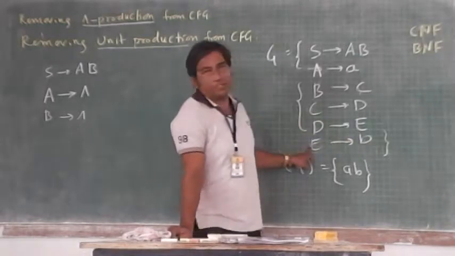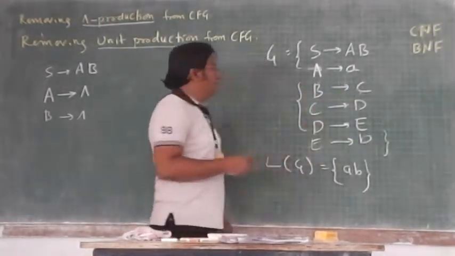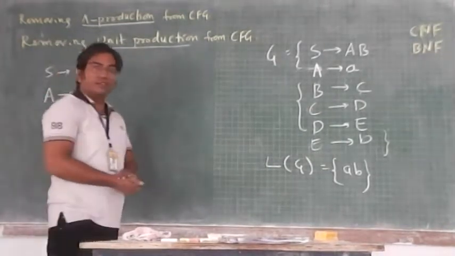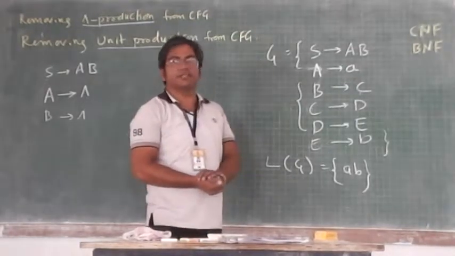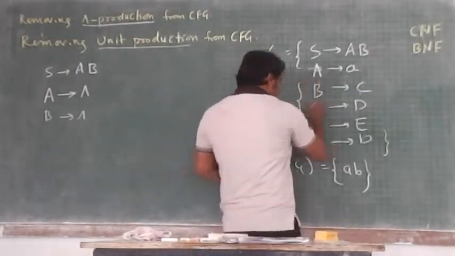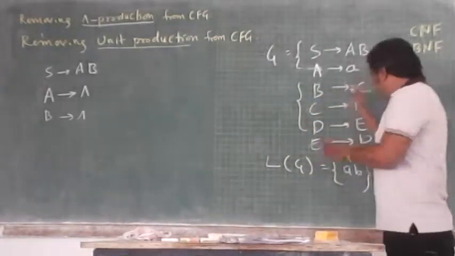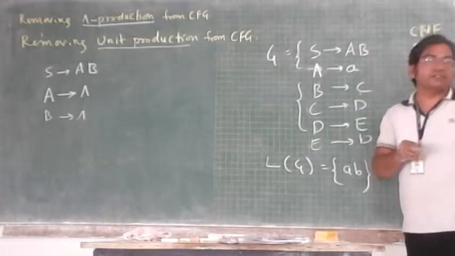So what do you think about these three productions? B implies C, C implies D, D implies E. These are not of any significance in the derivation. Why are they not significant? Because the size of their right hand side is always 1.